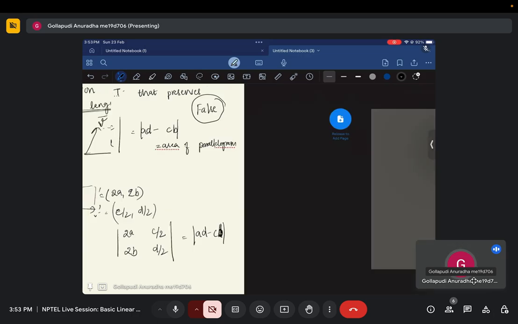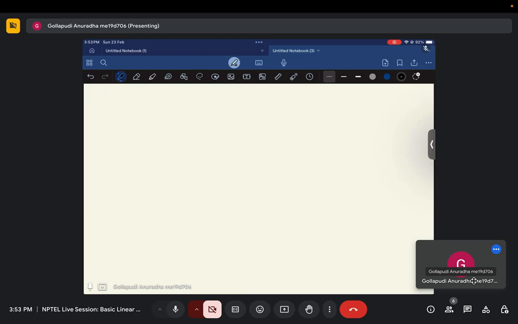Okay, now let's see one more question. You have a derivative map from polynomials of degree 3 to degree 3, which means on derivative transformation, you'll get this.